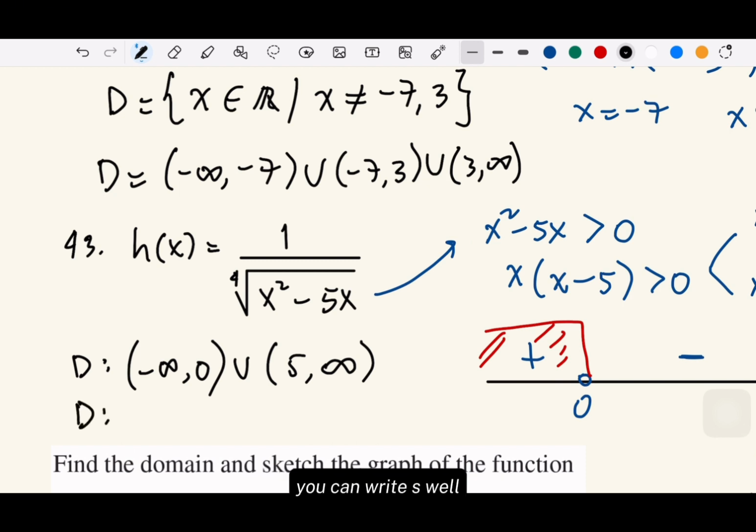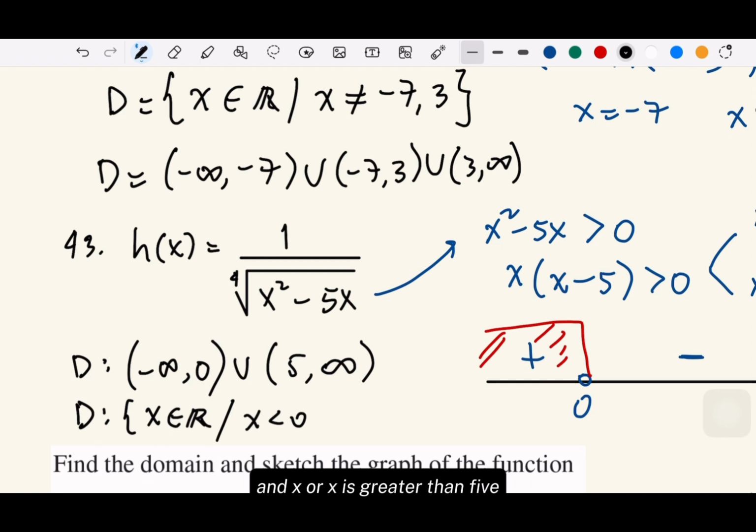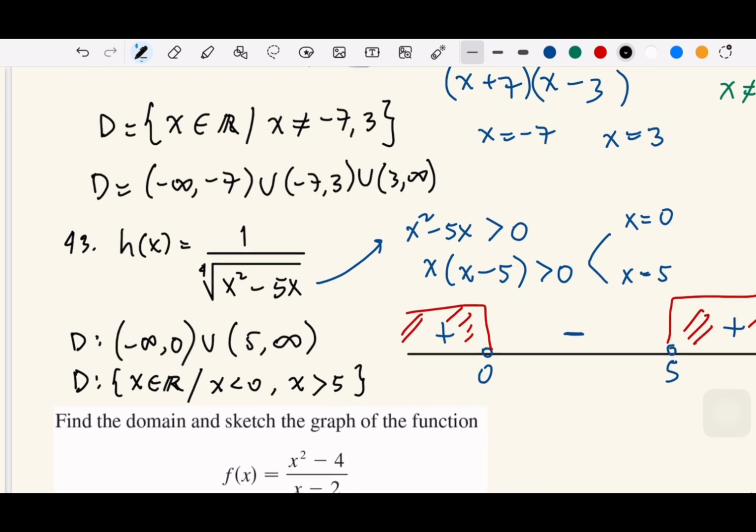You can write as well x is a real number and x should be less than 0 or x is greater than 5. Okay?